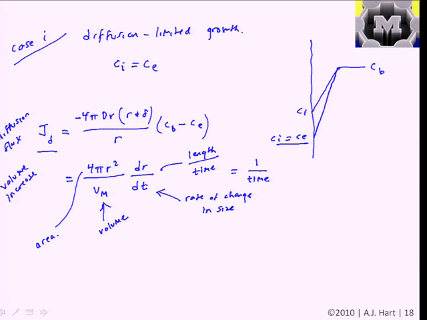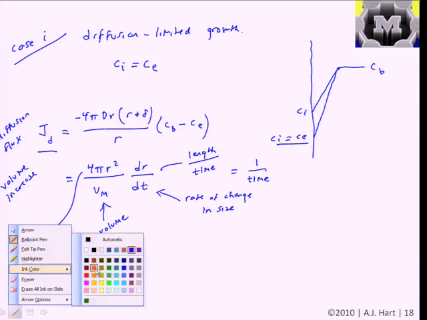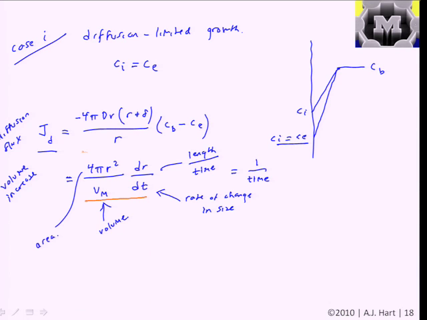So now all we have to do is rearrange the right side and the left side of the equation, so we isolate the term for the change in radius, and then we're going to see what it depends on.